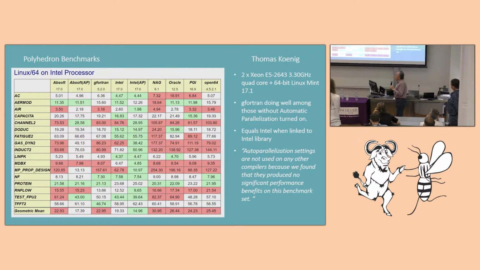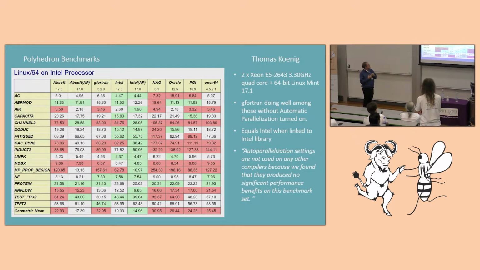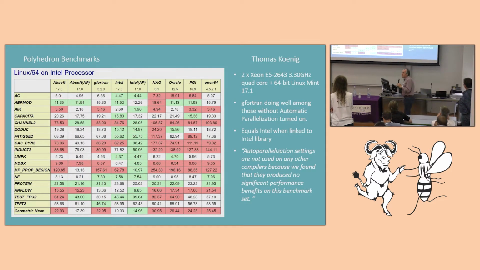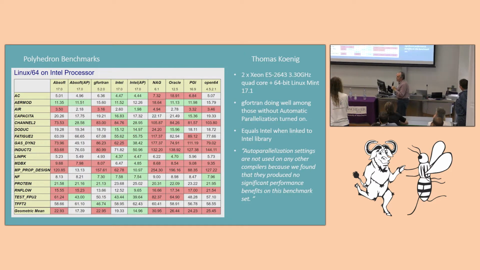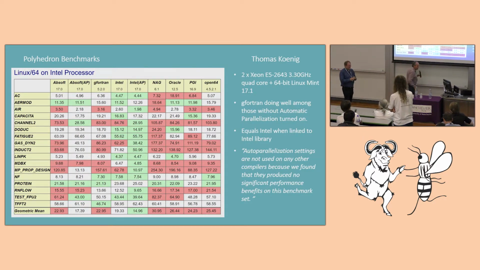Just flag that up as something which is biased. The Absoft compiler has a delightful way of setting auto-parallelization, with optimization level 5. What for, I don't know.